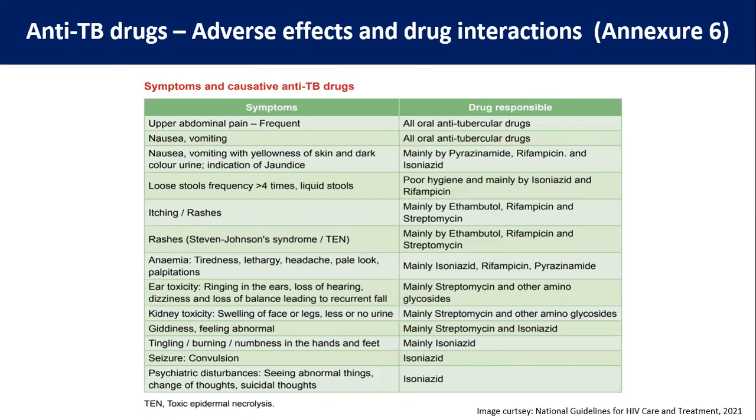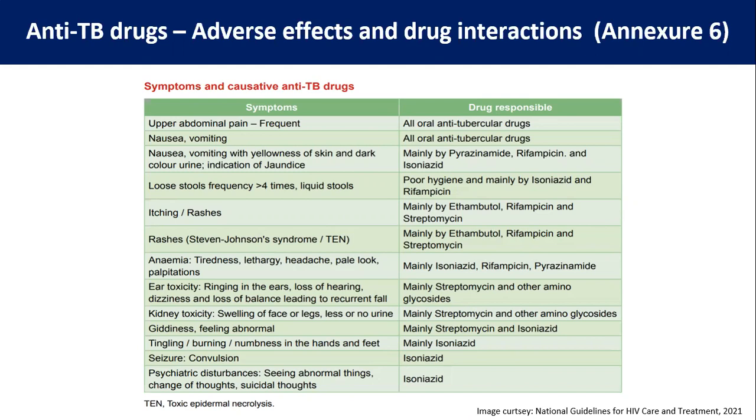Nausea and vomiting accompanied with signs and symptoms of jaundice is mainly produced by pyrazinamide, thereafter rifampicin and isoniazid. Loose stool, that is more than 4 times, or liquid stool is produced by isoniazid and rifampicin. Itching or rash is possible with ethambutol, rifampicin, and streptomycin. And severe forms like Stevens-Johnson syndrome or TEN are possible with the same ethambutol, rifampicin, and streptomycin.